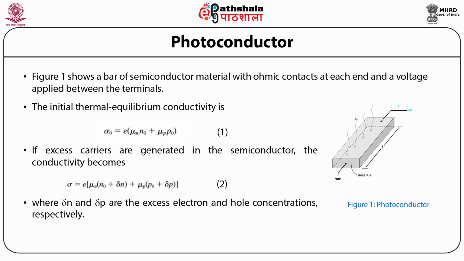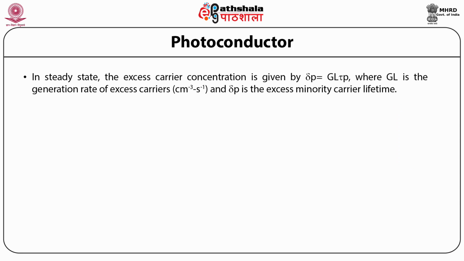If we consider an n-type semiconductor, then from charge neutrality, we can assume that delta n equals delta p. So we will use delta p as the concentration of excess carriers. In steady state, the excess carrier concentration is given by delta p equal to G_L multiplied by tau p, where G_L is the generation rate of excess carriers in centimeter minus 3 second inverse, and tau p is the excess minority carrier lifetime.